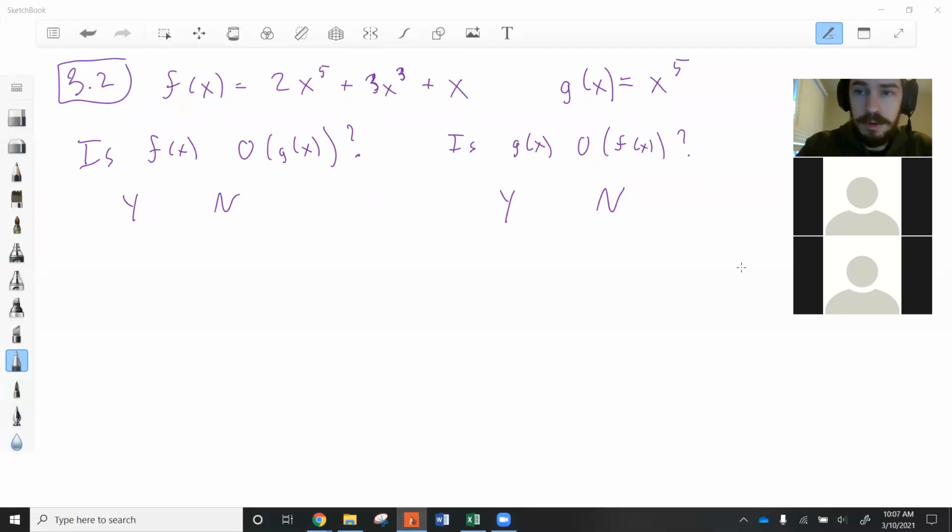And then we're going to prove maybe just one of these two. What I'm going to ask you on the test is something like this. I'm going to give you two functions and ask you, is this one big O of this other one? If yes, prove it. If no, prove it. Basically a prove or disprove kind of problem like you saw back in chapter 1.